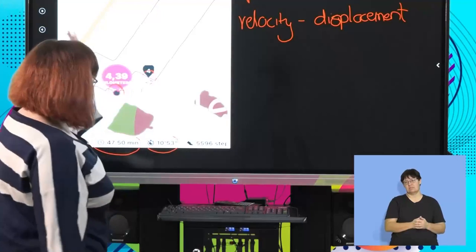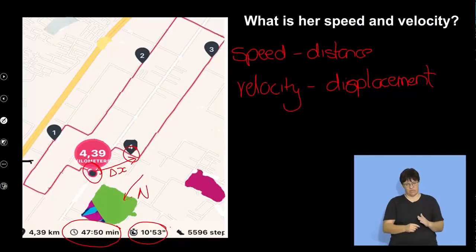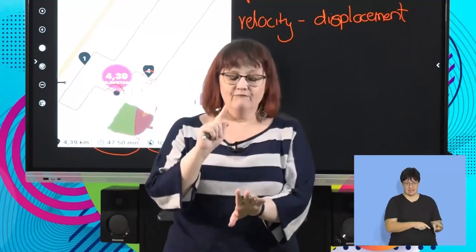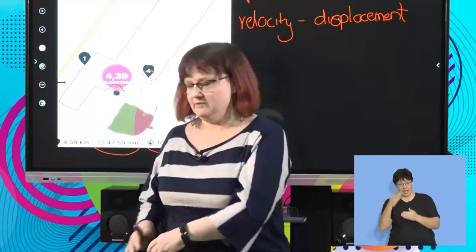So she would be, and north is here on this map, so she would have gone sort of southeast, southwest, but she can have a velocity. So it's possible to have an average speed, but not an average velocity. Speed doesn't rely on direction. It is a scalar. Velocity absolutely relies on direction. And velocity is about the change in position. We have to know where our starting point is.